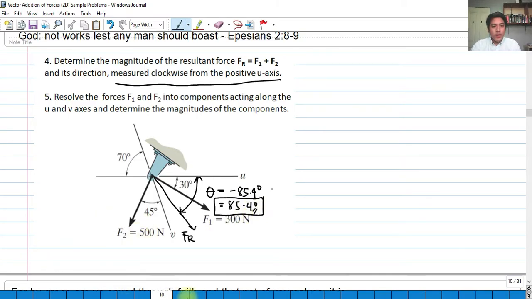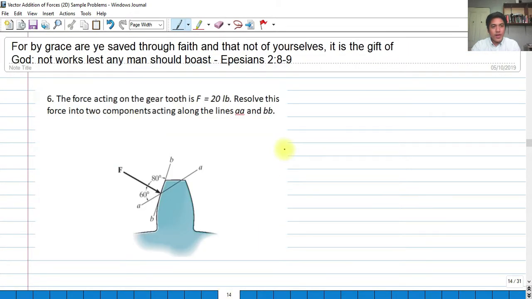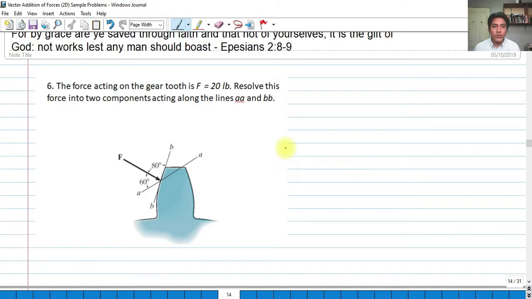So let's go now to problem number 6. The force acting on the gear tooth is F equals 20 pounds. Resolve this force into two components acting along the lines AA and BB. We're going to resolve this force along the lines AA and BB.